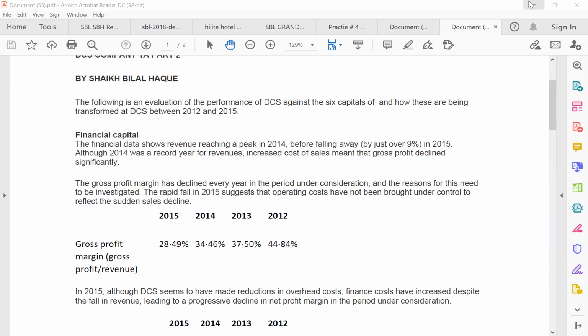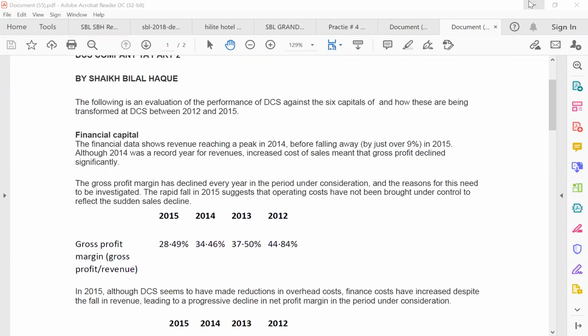The financial data shows the revenues reaching a peak in 2014 before falling away by just 9% in 2015. Although 2014 was a record year for revenues, increased cost of sales meant that gross profit declined significantly.